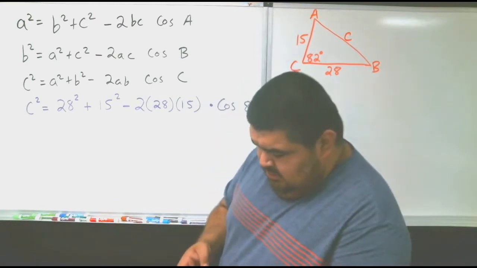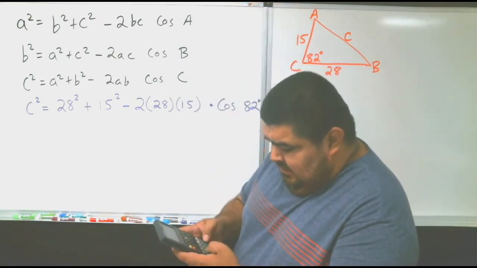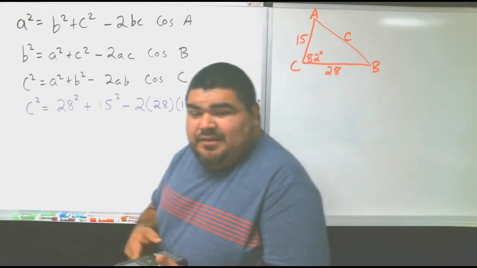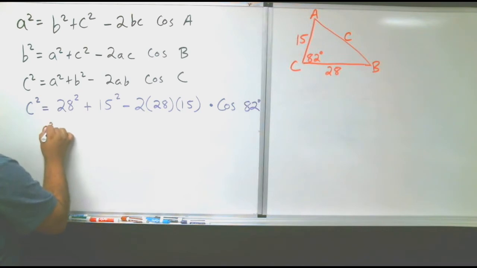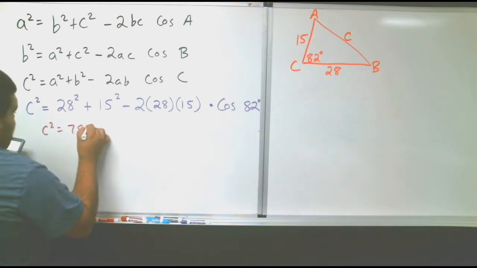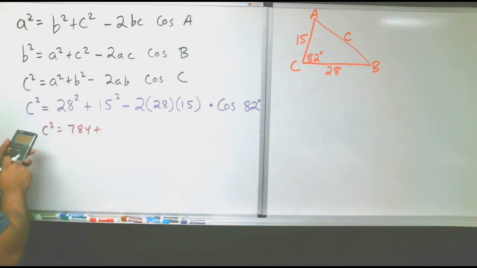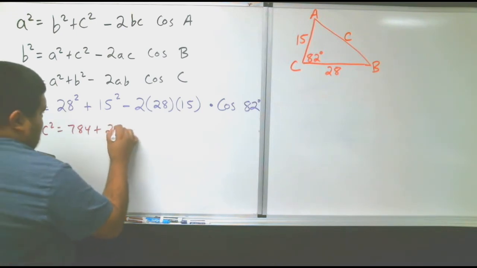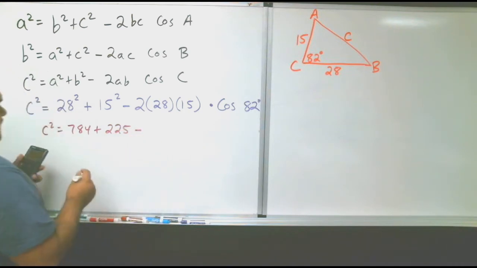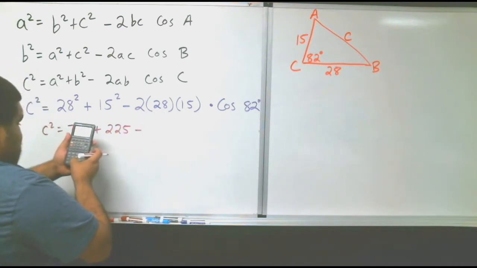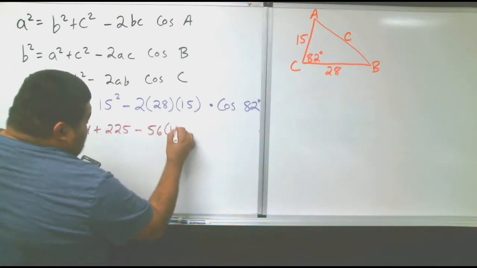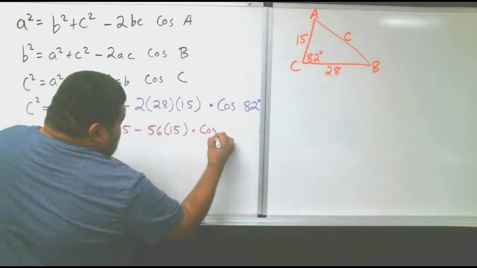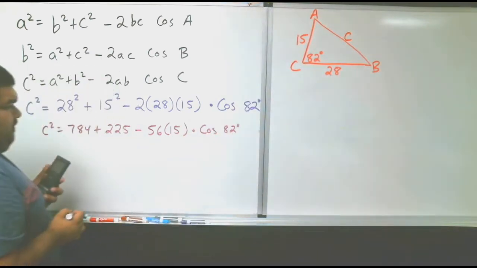So 28 times 28 is 784. So we have c squared equals 784 plus 15 times 15, 225, minus 2 times 28, which is 56, times 15 times cosine of 82 degrees.